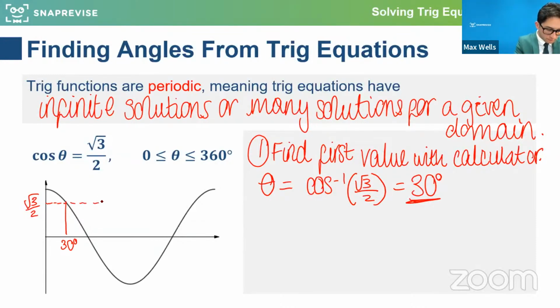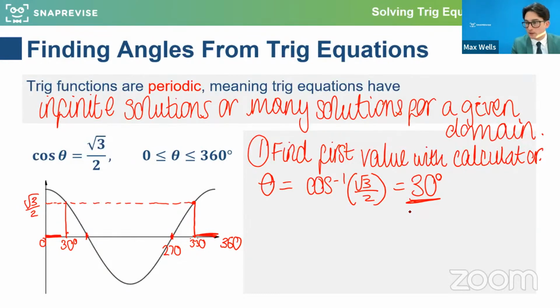Now, using your graph and your knowledge of the cos graph, you could say that the distance from 30 to 90 is the same as the distance from 270 onwards. So you could add 60 to there and get 330. And equally, you could say, if that bit is 0 to 30, it's 30 back from 360. And absolutely, that would allow you to get your other value.